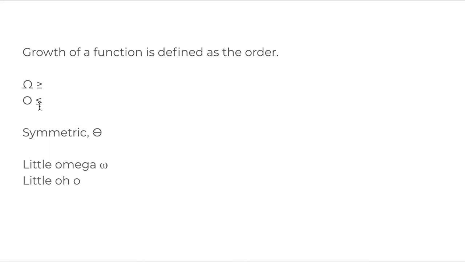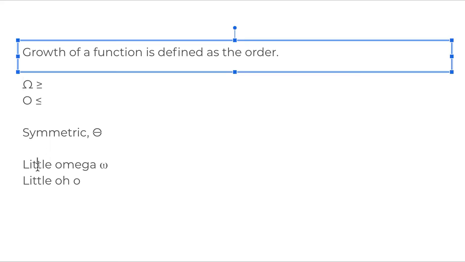So what if a function is strictly increasing? That will be little o and little omega, for the ones that do not grow, or that actually grow, faster than g(n). The only difference between omega and little omega is that little omega is strictly greater than, and little o is strictly less than, okay?